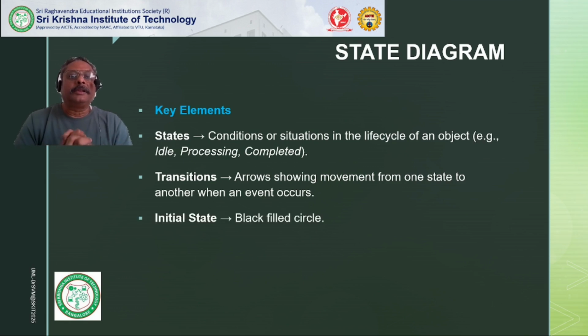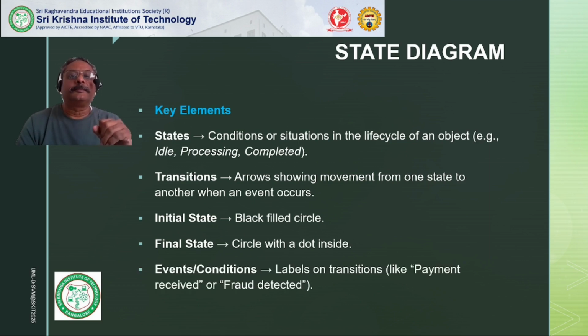Then we have an initial state, where the whole behavior of a particular object can be visualized, where it starts. That's the initial state, which by standard is shown by a black filled circle, and then we have somewhere to end it, which is shown by a circle with a dot inside.